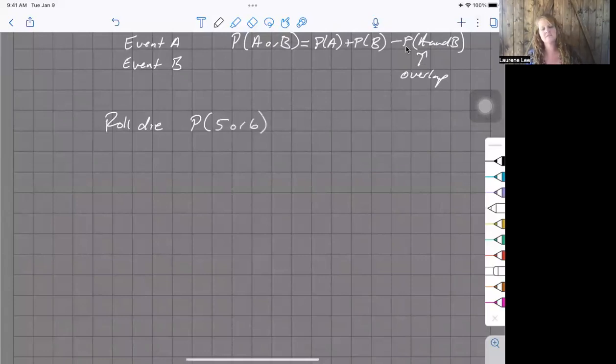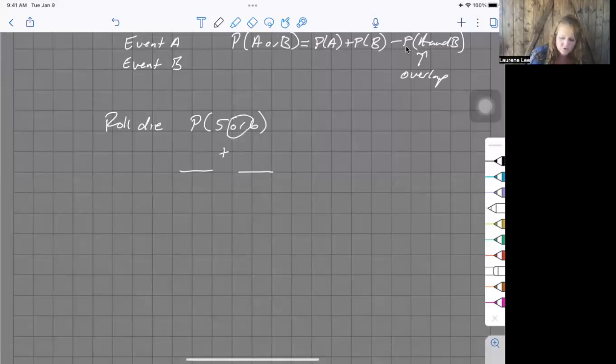So I set these up similar to the AND problems, where I decide how many choices there are and give myself a slot for each, and then I just put an addition sign in between rather than a multiplication. So I could get a 5 or a 6. Those are 2 different options, and I'm going to add them because it says OR.